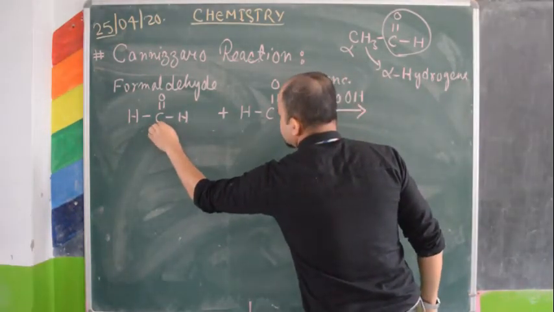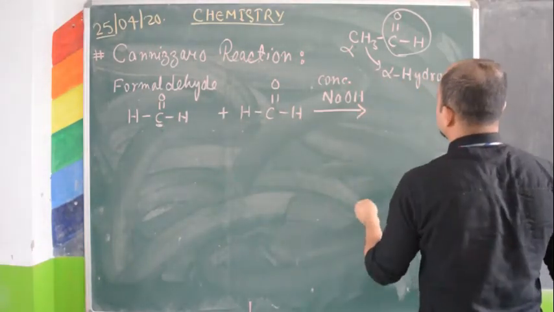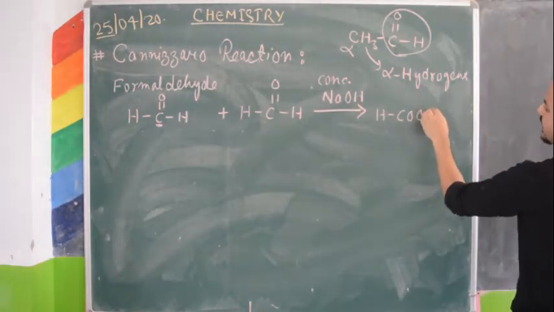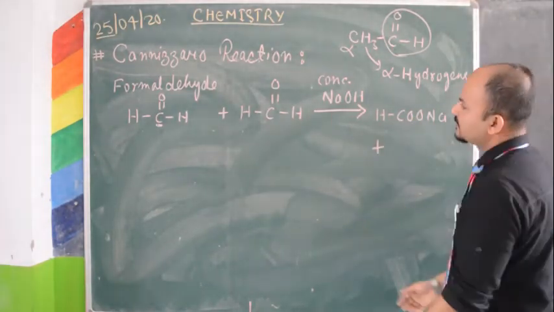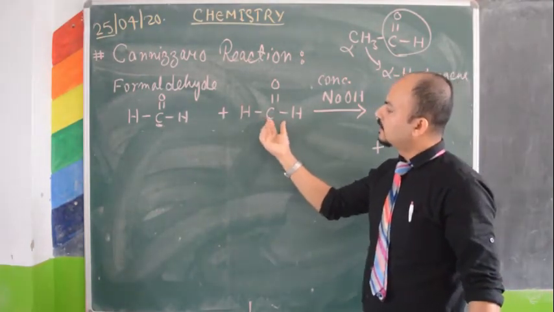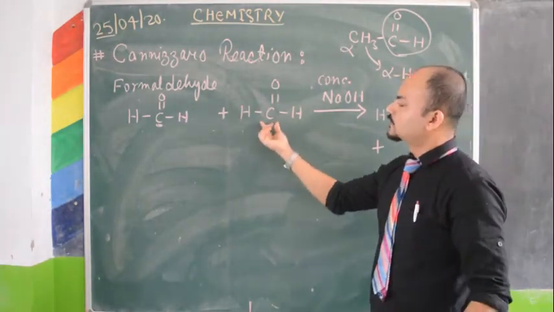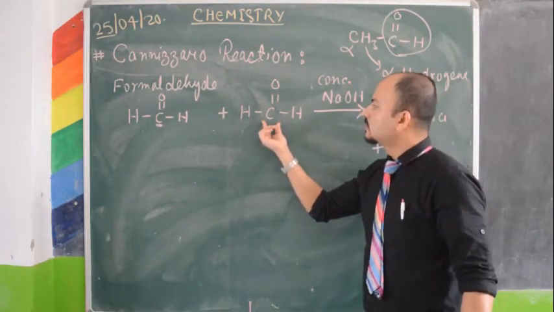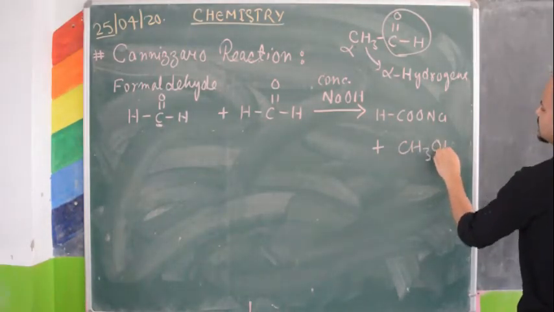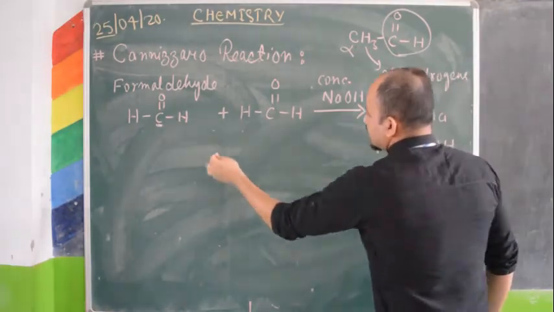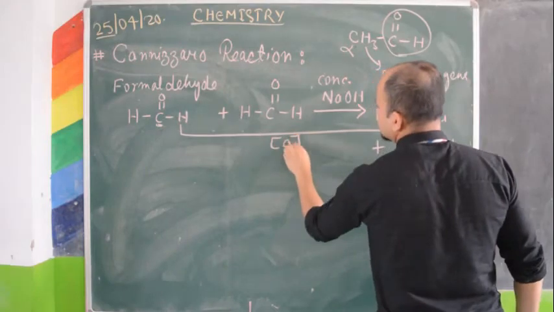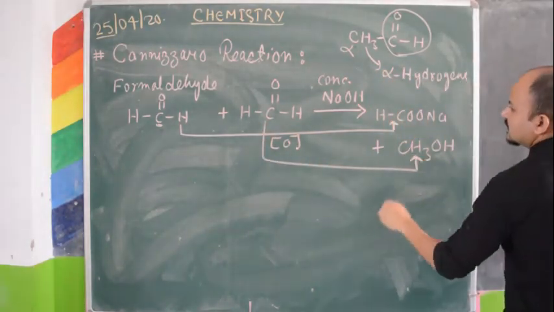Whenever this compound containing one carbon is oxidized, you will be getting HCOO minus. And if this compound is reduced, what will you get? On reduction, you will be getting alcohol. So alcohol with one carbon is CH3OH. So this is the oxidized form, and this is the reduced form.